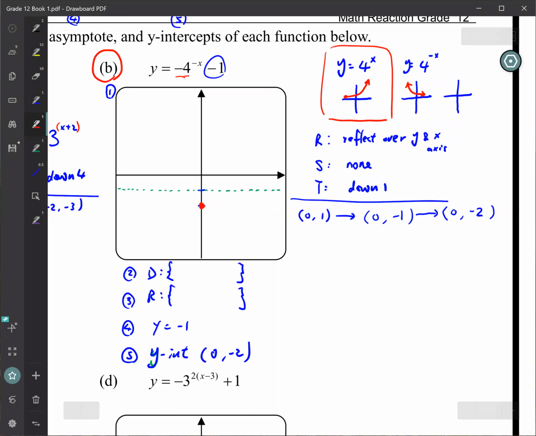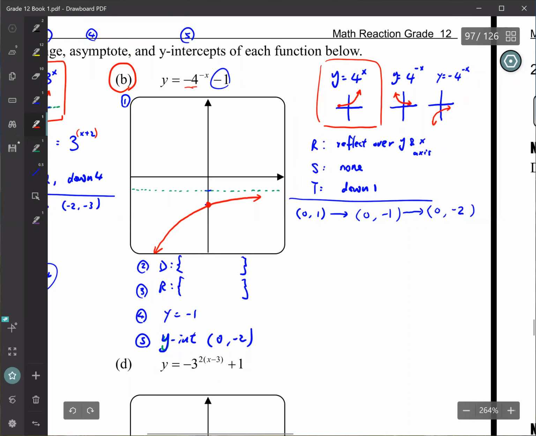And then there's another reflection, right? Put another negative. That will be reflecting over the x-axis. So flip down, right? So your graph is curving this way. Okay, so I hope you got the same curve.